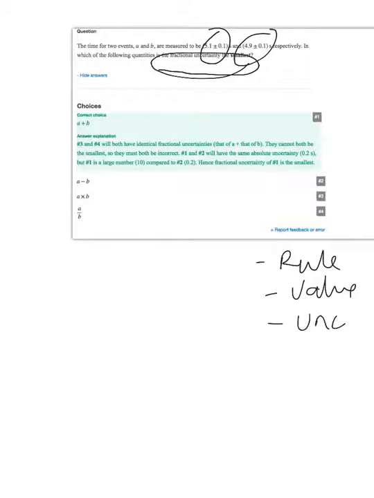So let's see. A plus B, that's our first situation, and the rule is that you must add the absolute uncertainties here. The second situation is also a subtraction, so you must add the absolute uncertainties.